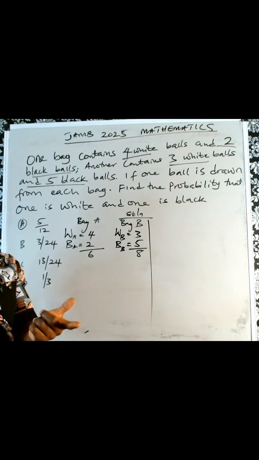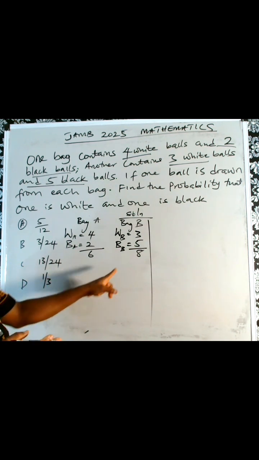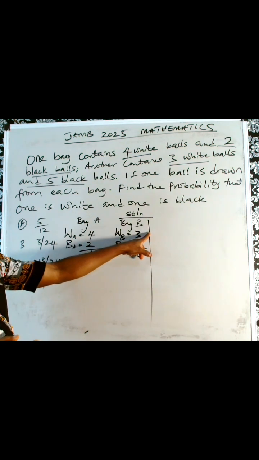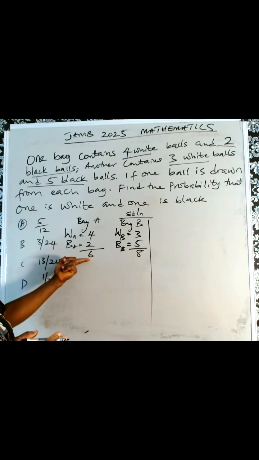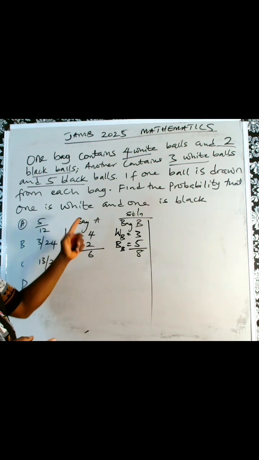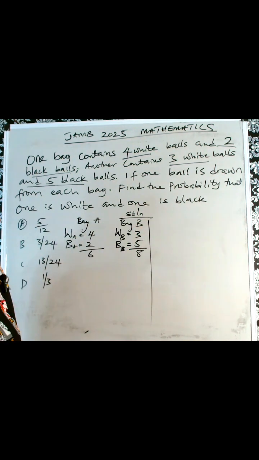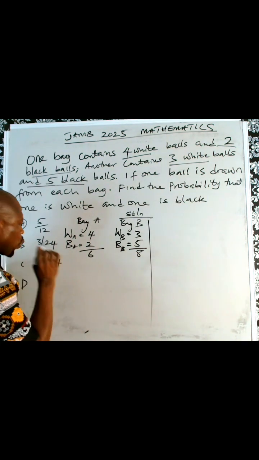Remember, the probability is the possible outcome all over the total. The total in bag A is 6, and the total in bag B is 8. Now we go.